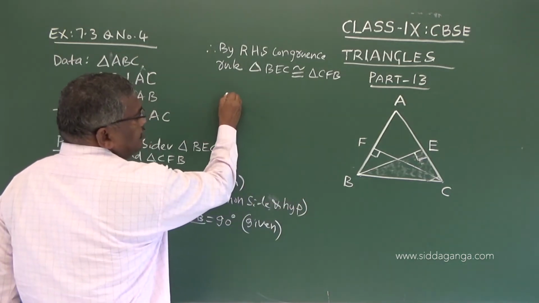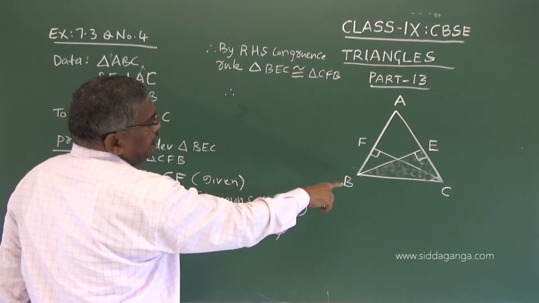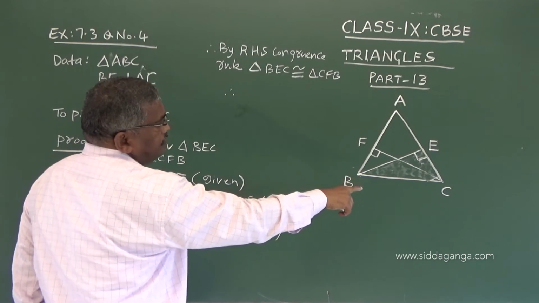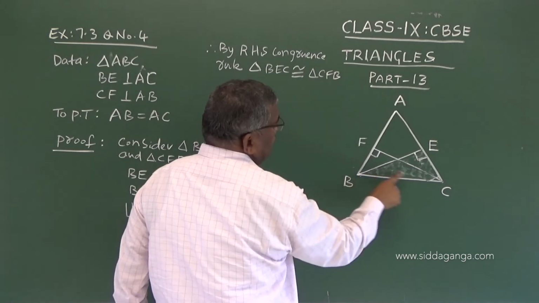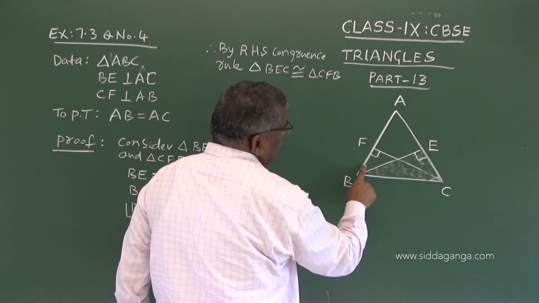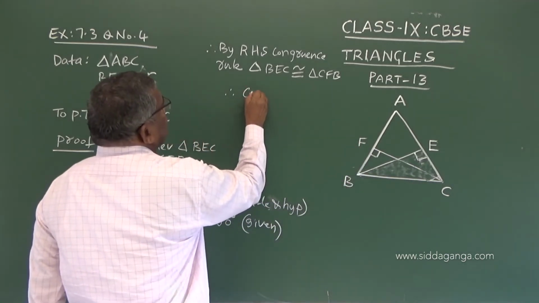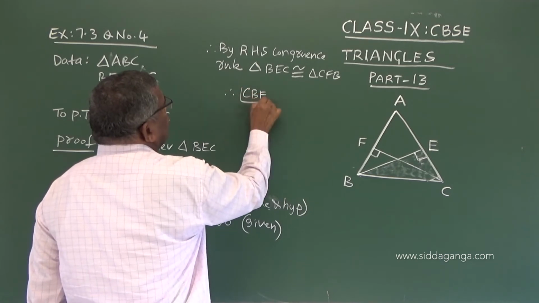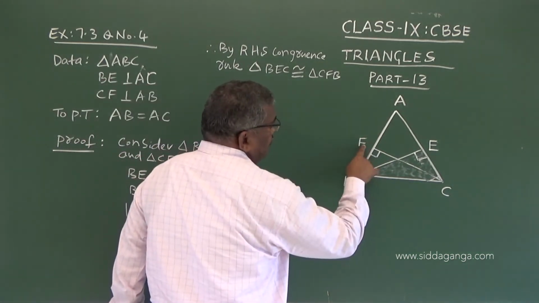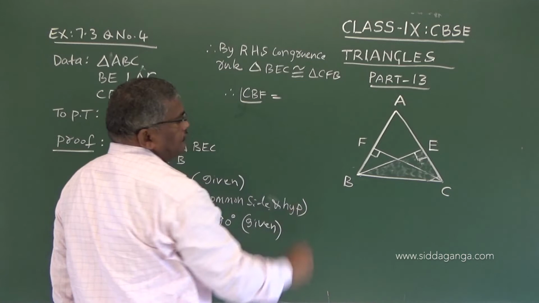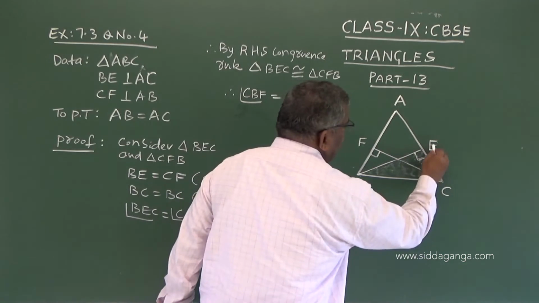So therefore I will write, in triangle BEC, you can see in the second triangle CFB, I will take up this angle, that is CBF. Therefore angle CBF is equal to angle BCE.